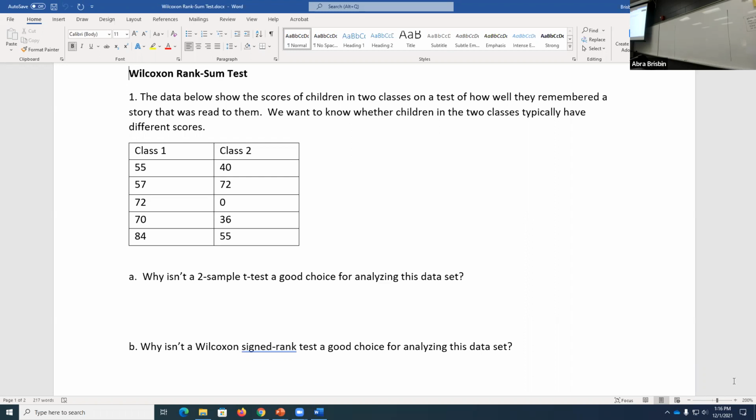Some parametric tests are, is that a situation that we're in? No. There's no particular pairing. Each person in class one or one person in class two.